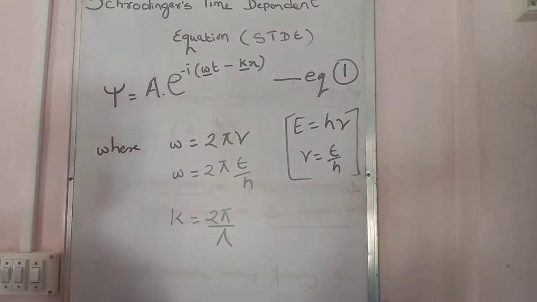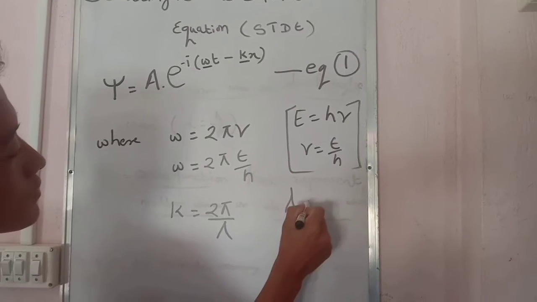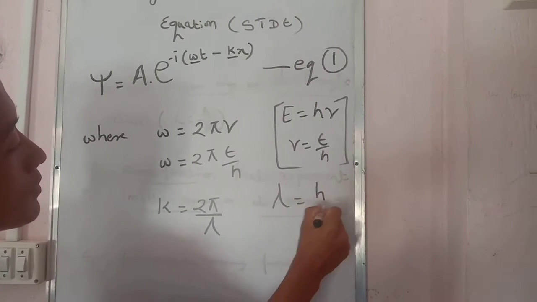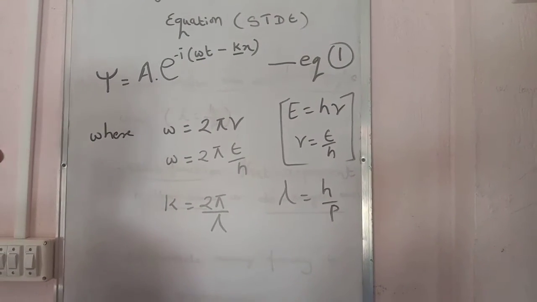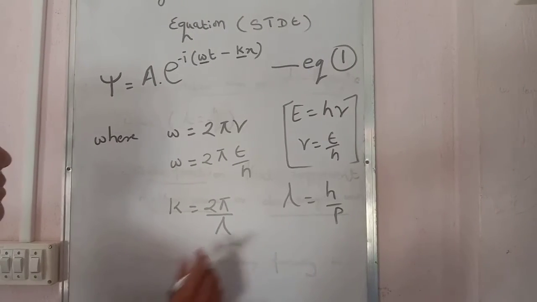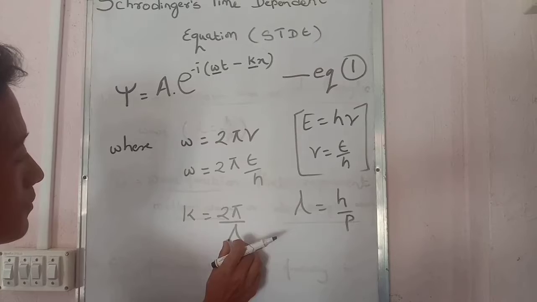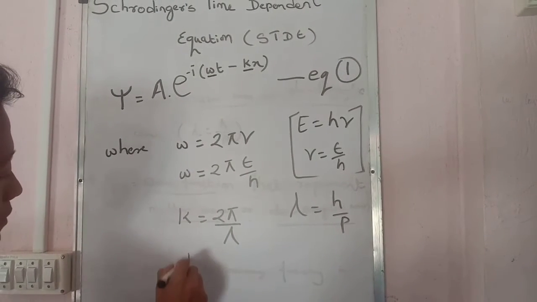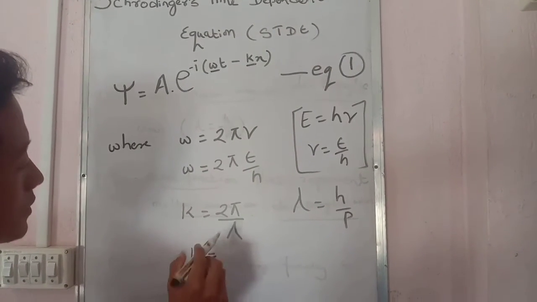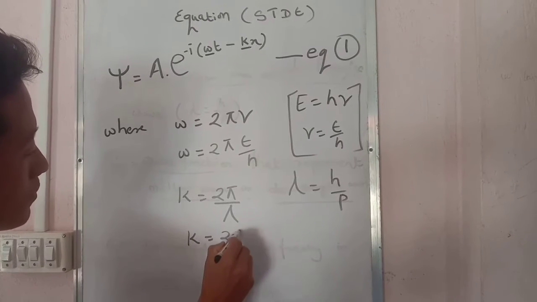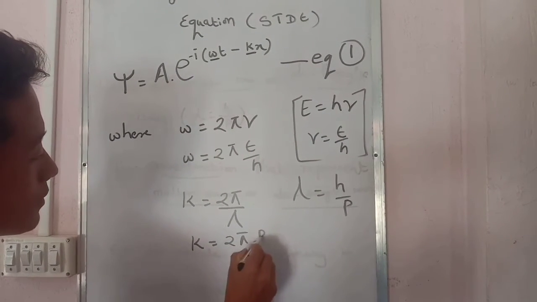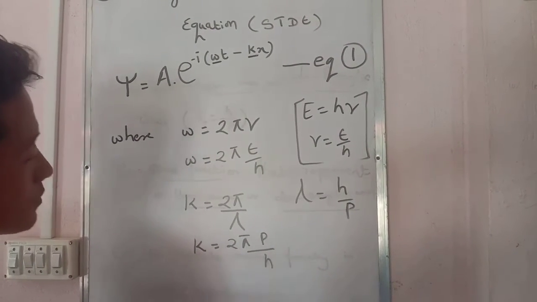We know that lambda equals h by p. Replacing the value of lambda by h by p, we simply get 2 pi p by h.